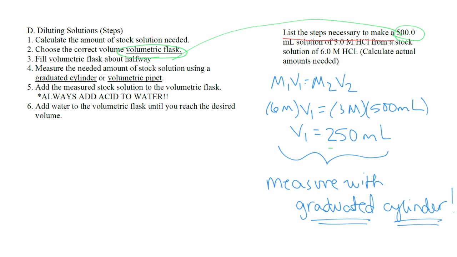You do need to calculate how much of the concentrated acid you need to add to it. You'll add some water. You do need to mention the fact that you're going to be using either a graduated cylinder or a volumetric pipette. Both of those things are accurate for measuring the amount of concentrated acid that you need, and then you'll add that to the water in your volumetric flask to get the correct volume.